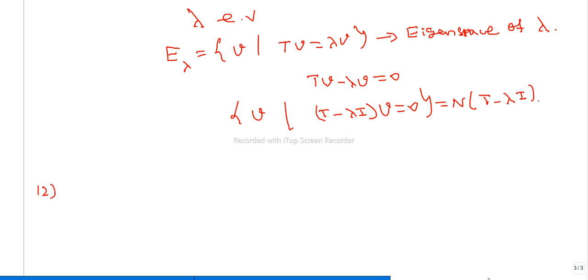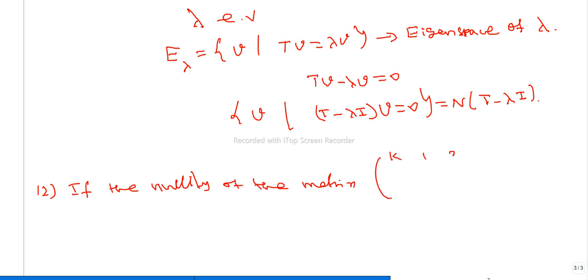Because I already said that a linear transformation is the same as a matrix. A matrix is nothing but something we can view as a linear transformation. So, if the nullity of the matrix, what is the matrix? This is a 3 by 3 matrix: k, 1, 2; 1, minus 1, minus 2; and then 1, 1, 4.